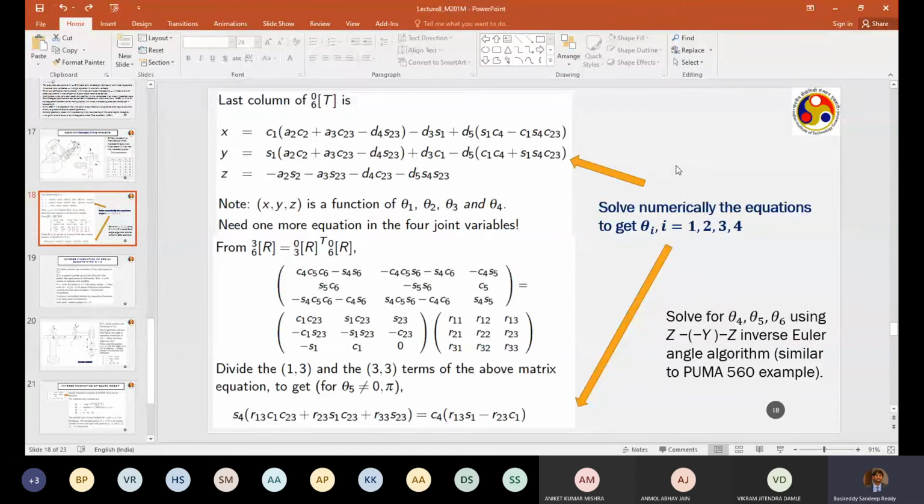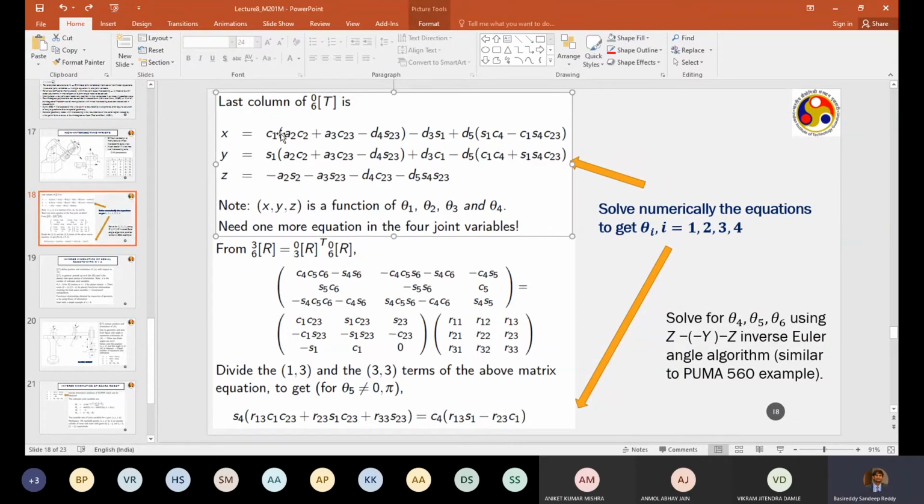So that was the direct kinematics. For the inverse kinematics case, the last column of this transformation looks something like this, x, y, z, right? Can you make some observation from this portion of x, y, z?